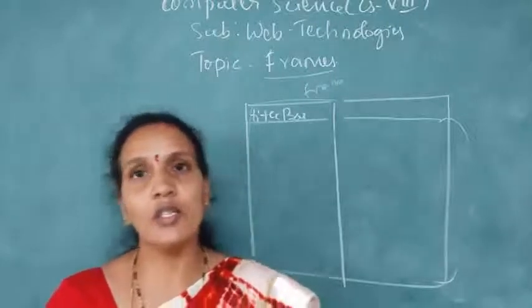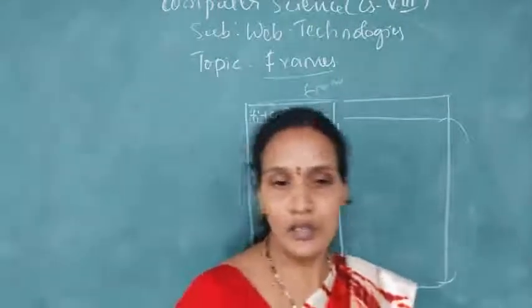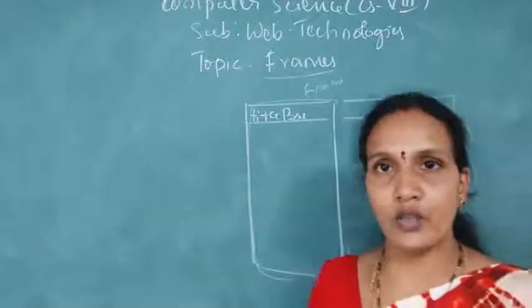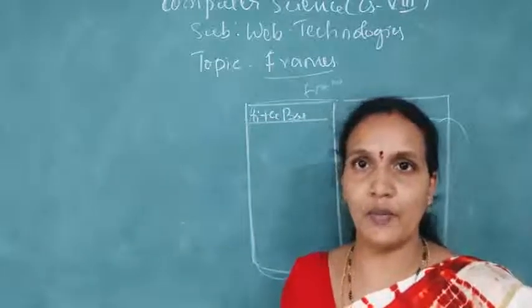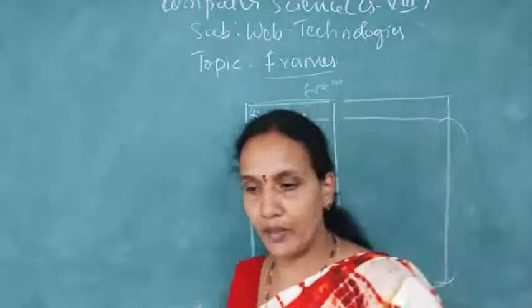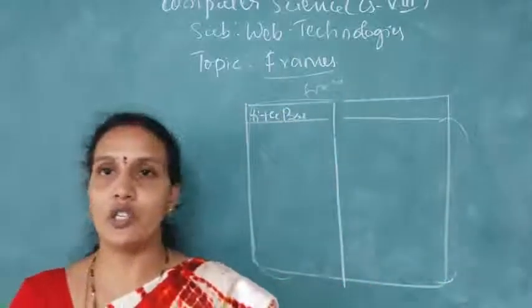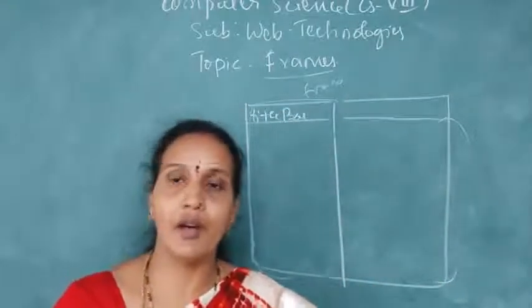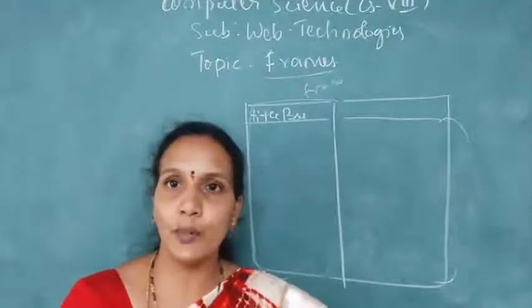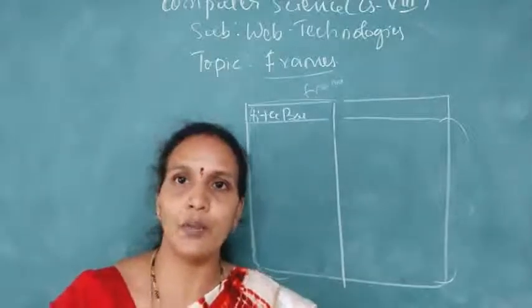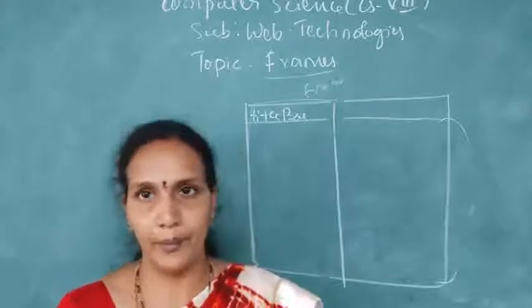So, using the frames concept in a single browser window, you can execute a number of programs. In a single frame you can execute one HTML program, and that single frame can have a title. Whatever properties you give for a browser window, the same properties are applicable to a single frame.